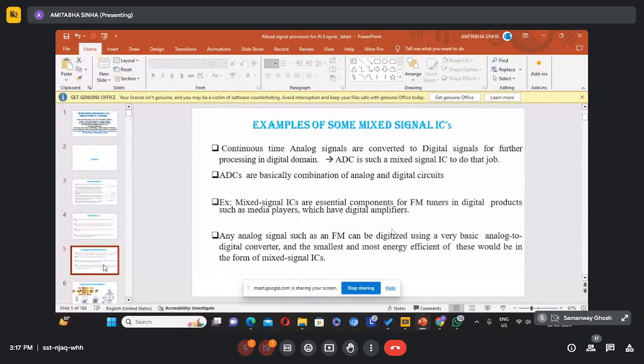For example, today software defined radio and cognitive radio have become very, very popular, and chips are also being made available where in the same chip the communication device's front end, like RF circuitry, and the digital circuitry are available on the same device.